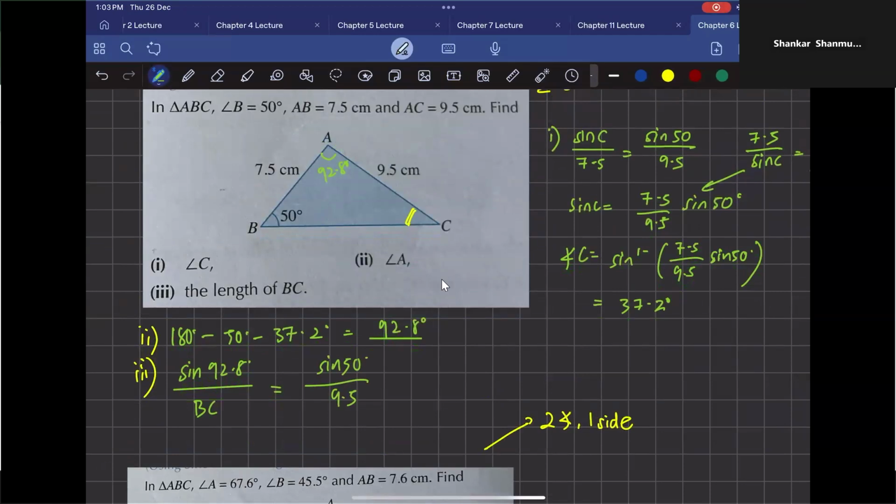So if you solve for BC, you should get BC is equals to, oh sorry.